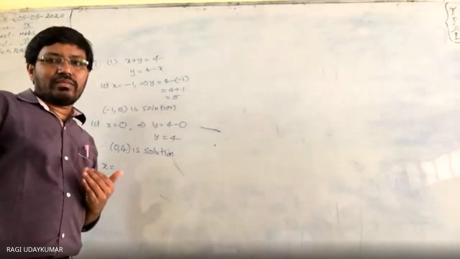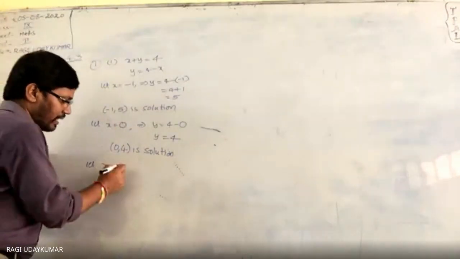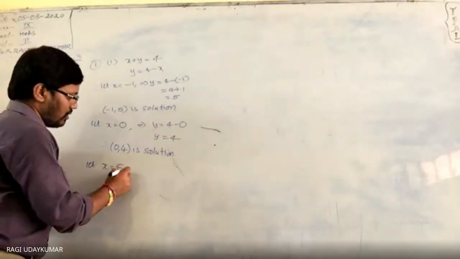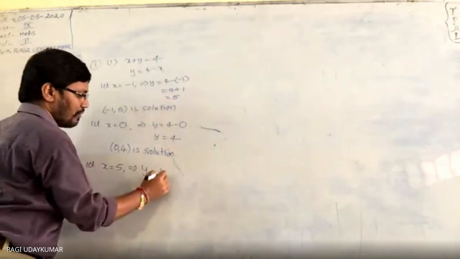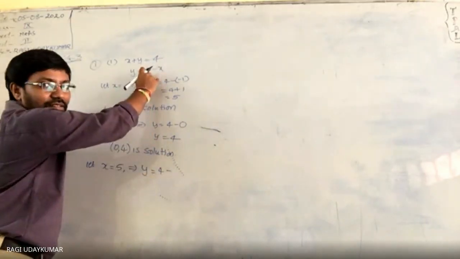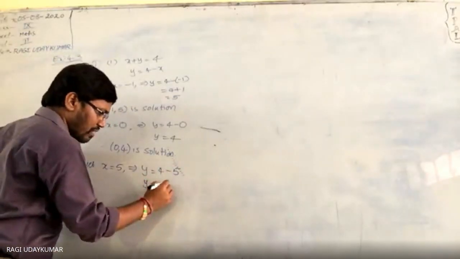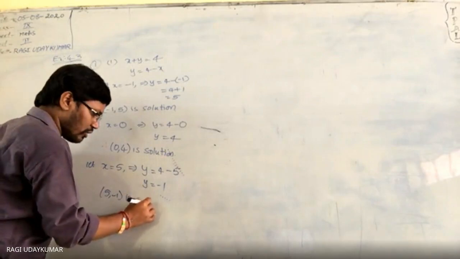So if you are taking 5, suppose I am taking 5, your wish, you can take any number. This implies y is equal to 4 minus 5, y is equal to minus 1. So 5 comma minus 1 is also a solution.